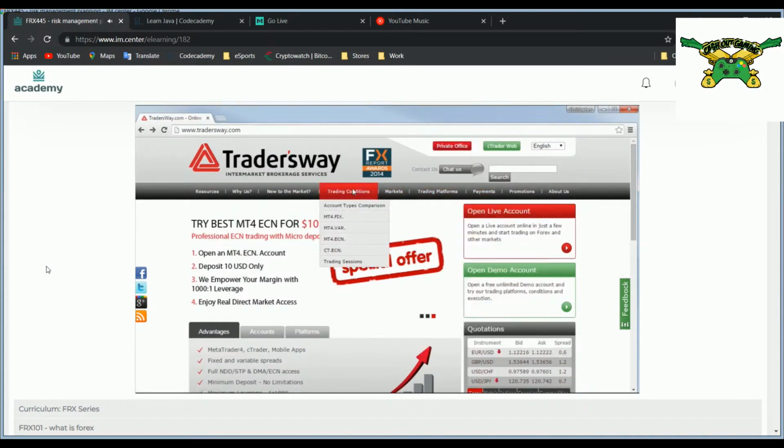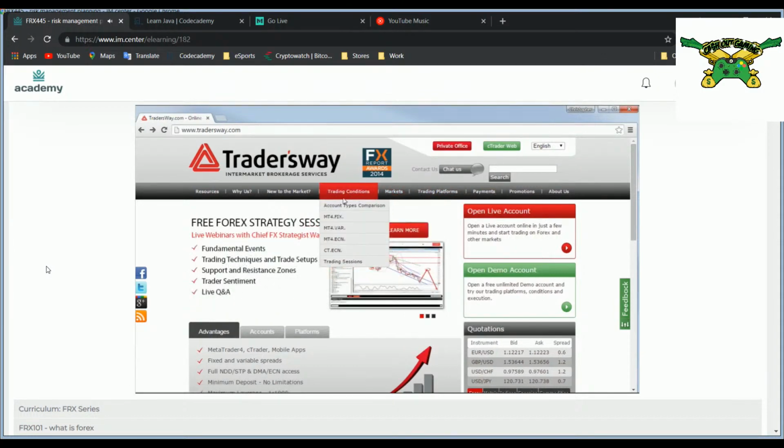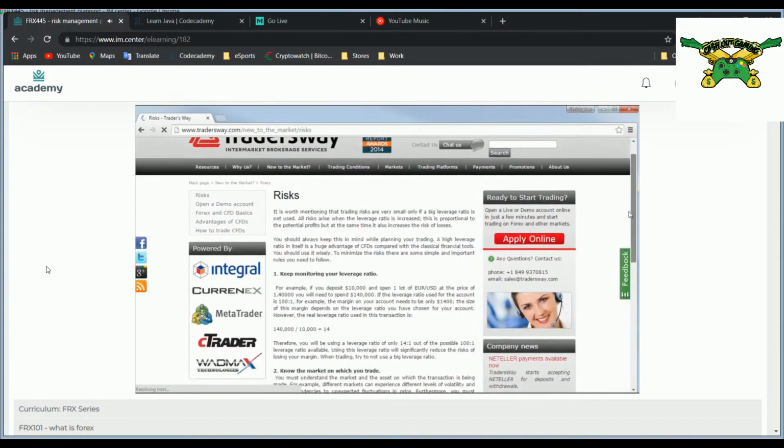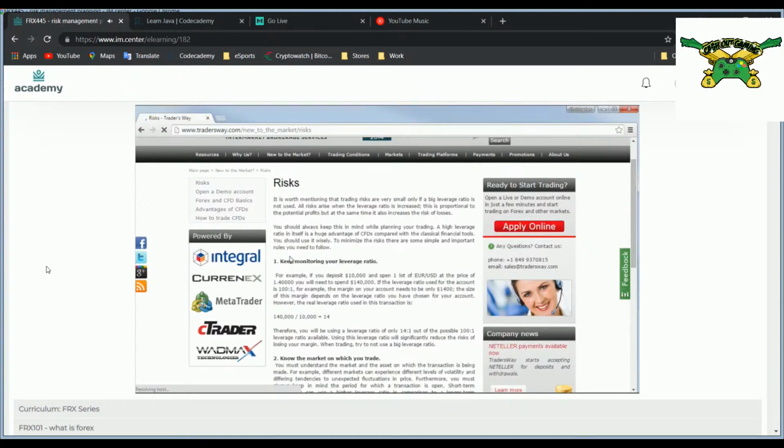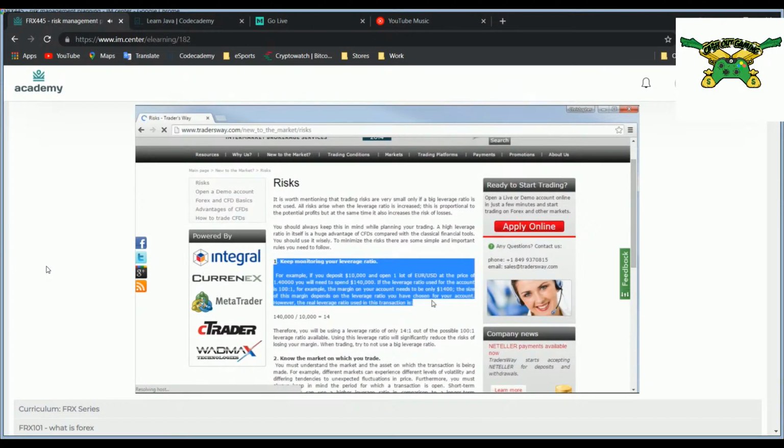However, the one thing nobody looks at is, let's see, risks. See that right here? New to the market, risks. And you scroll down, and they talk about your risks. They talk about the power of leverage.